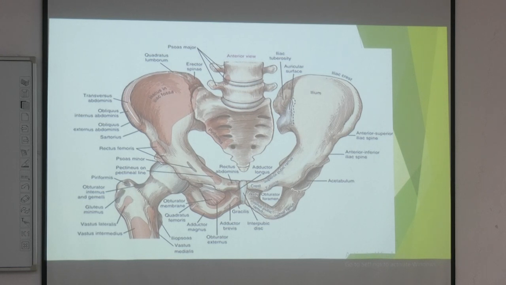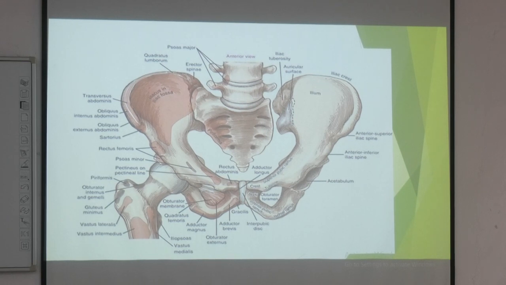All right. Now, other than this, we have the superior border. On the superior border, we have a couple of muscles attached to it. There are muscles we call gemelli. It looks like a gem. There are 2 gems like that. So we call them gemellus superior and gemellus inferior.